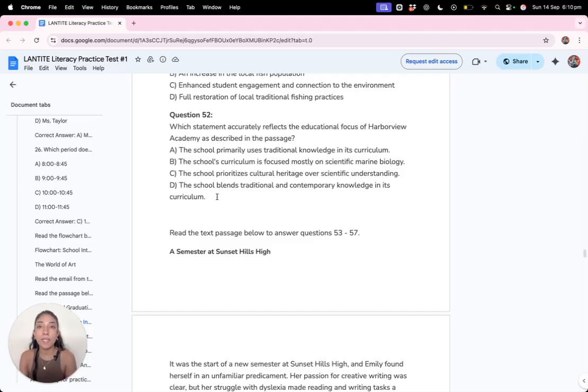So we know, from reading the passage, that D is the answer. The school blends traditional and contemporary knowledge in its curriculum, and that's because Harbourview Academy is described as using both traditional indigenous knowledge and contemporary scientific methods in its science curriculum, and emphasizing an integrated educational approach.